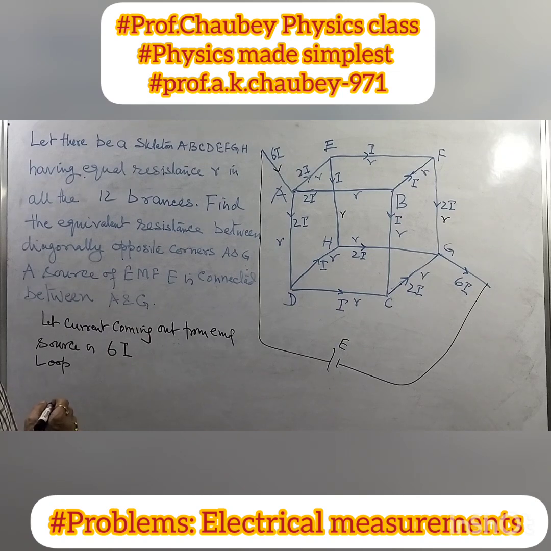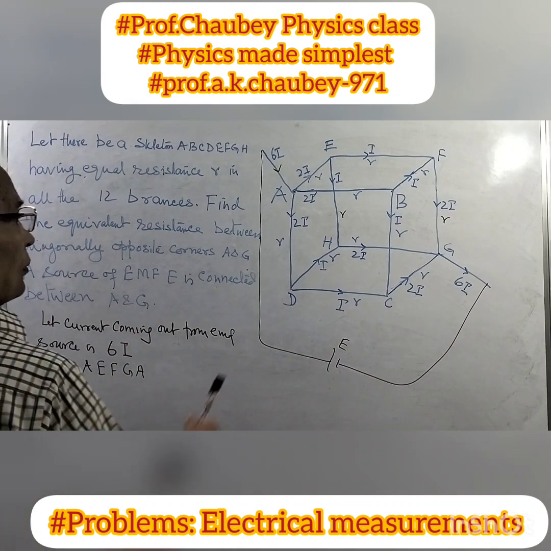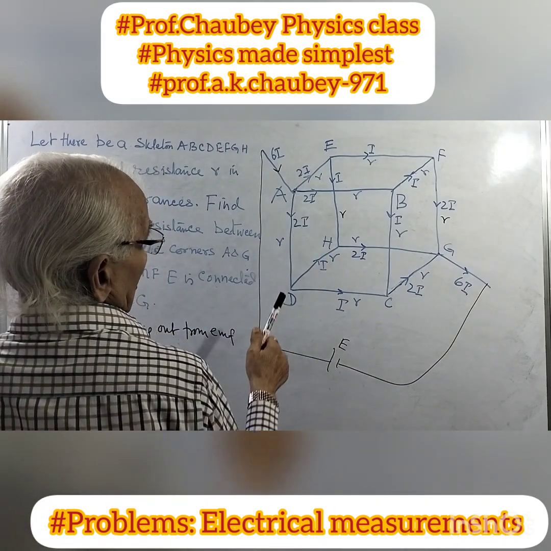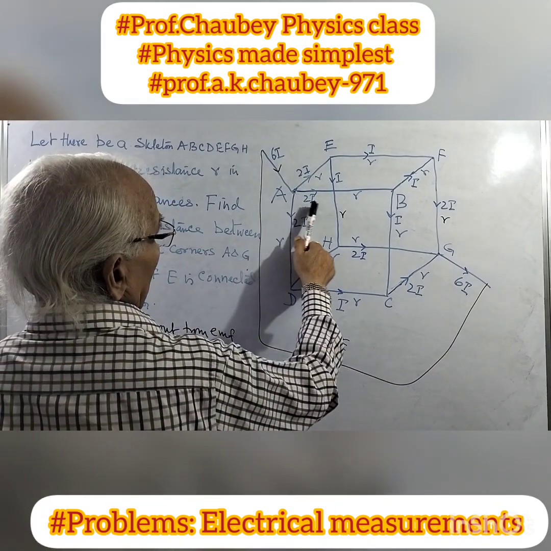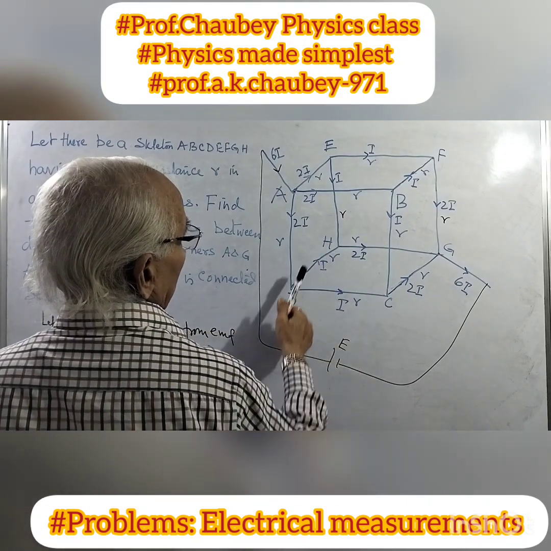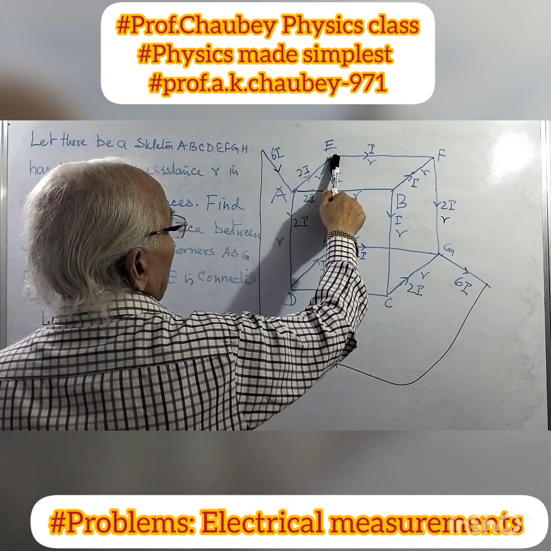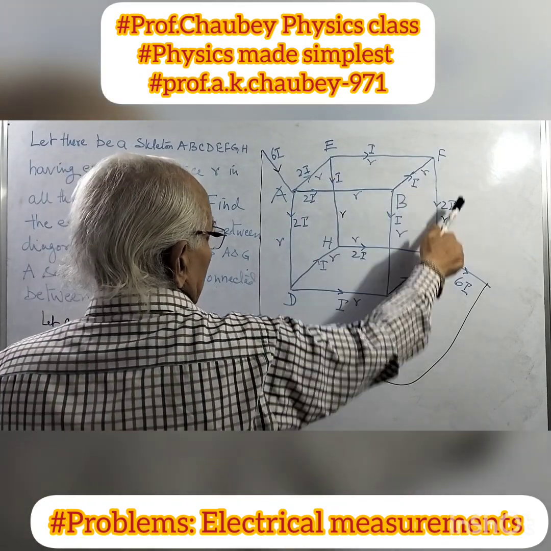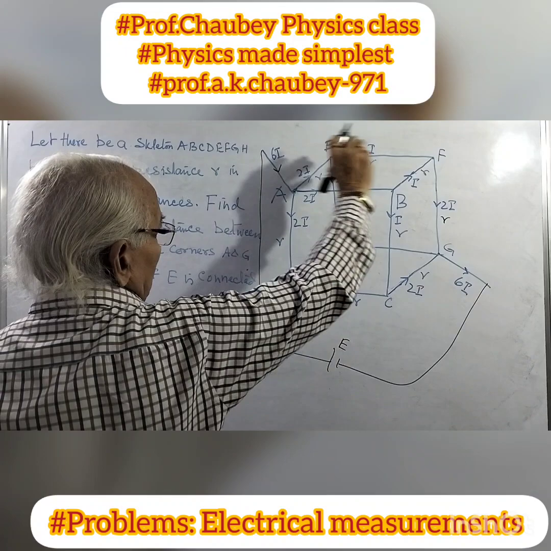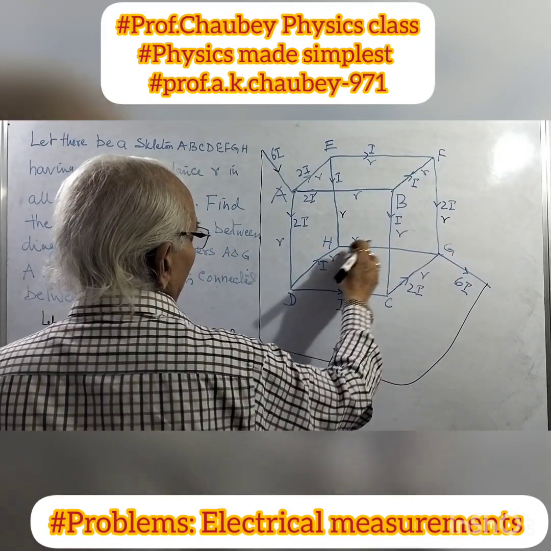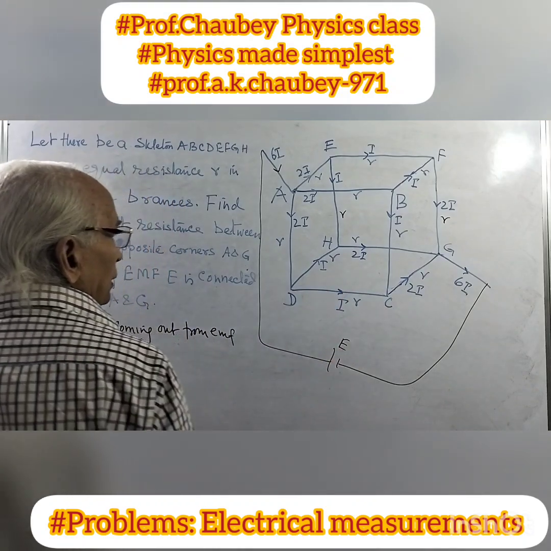A, E, F, G, A. We have A, B, C, D, E, F, G. So this loop A, E, F, G, and A, from this side or this side, is equal.